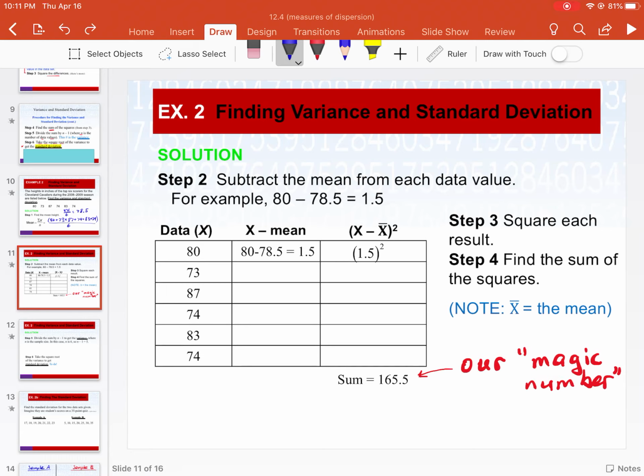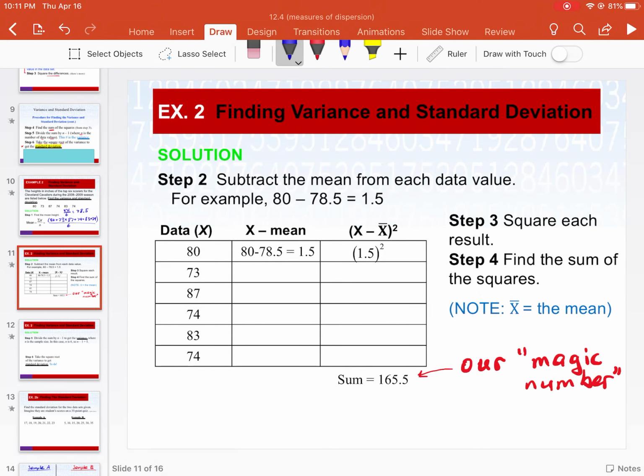So again, the idea, step number 2, is to find how much each item differs from the mean. So they already did 80 minus 78.5. 73 is the next data item, so you do 73. I'm going to have to use a smaller pencil here.